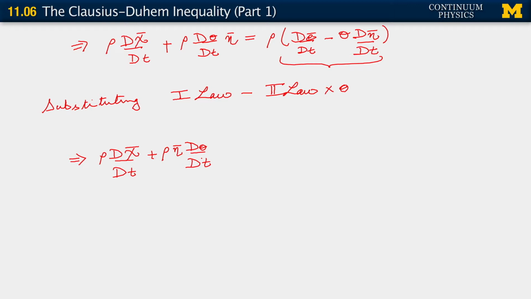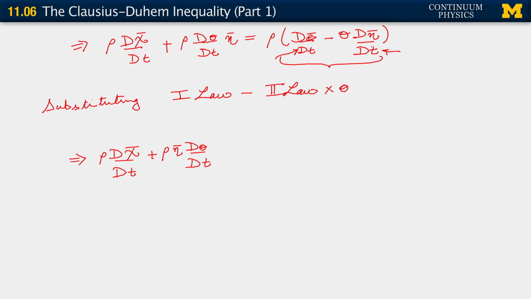Okay. Now, you remember, and this is something that you can look up in your notes, the form that we have for these two terms from the first law and second law is slightly different. For the material time derivative of E bar, we have an equality.